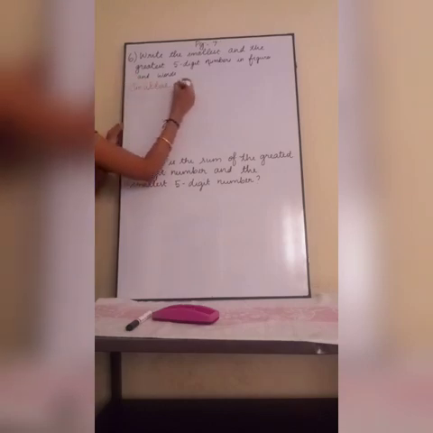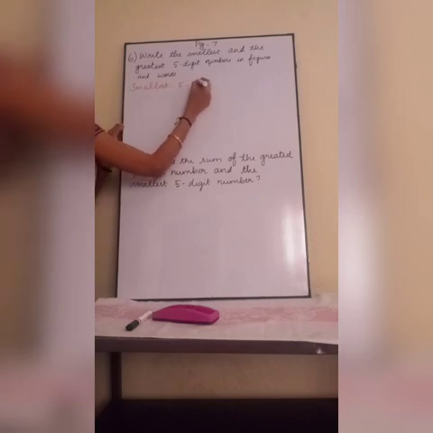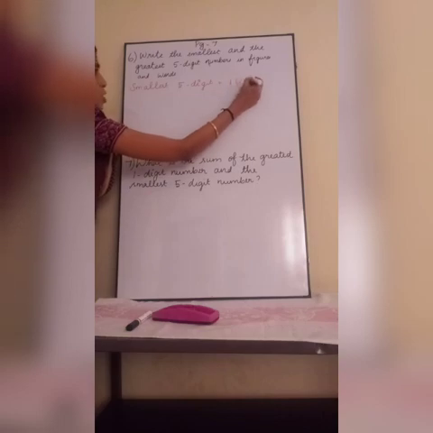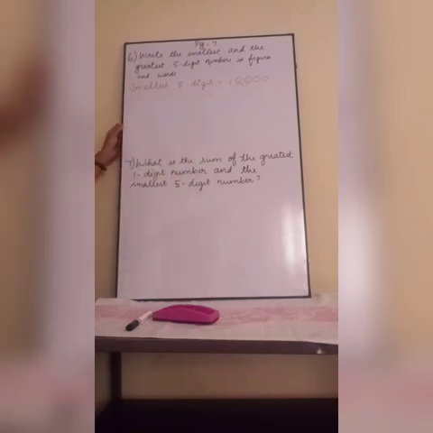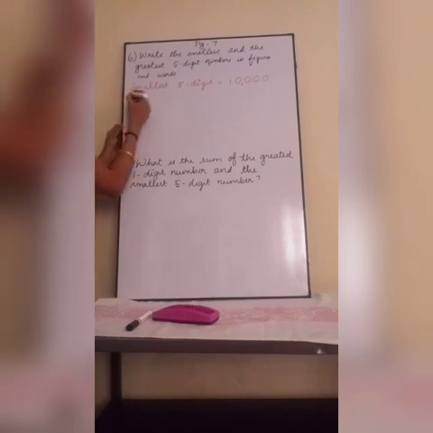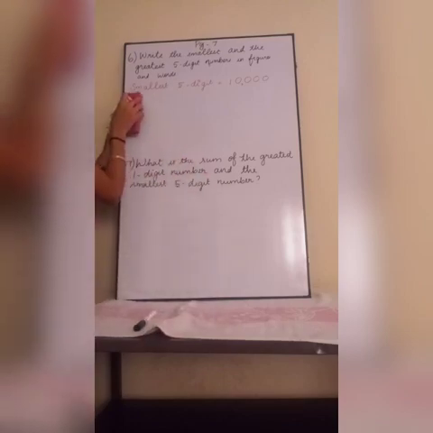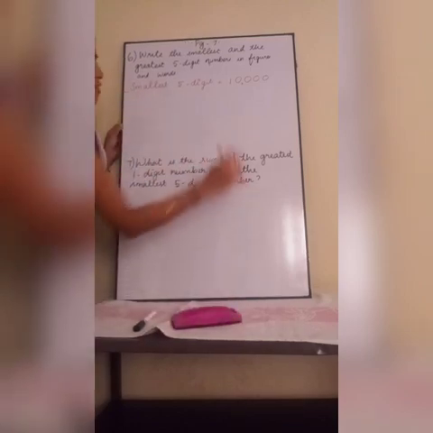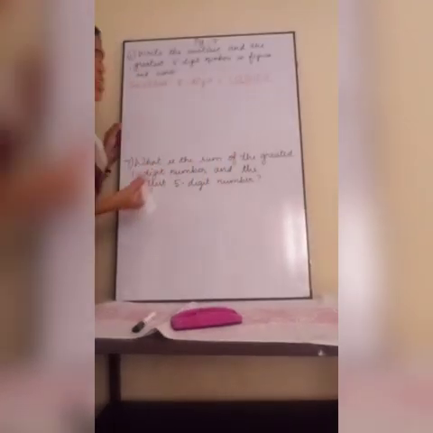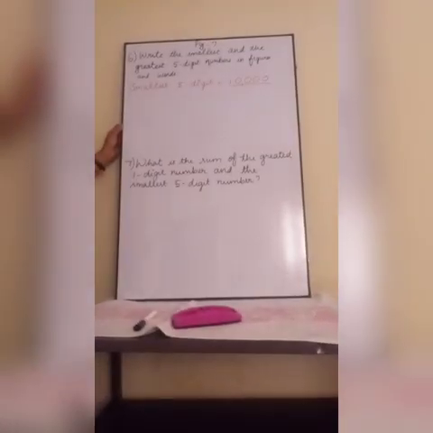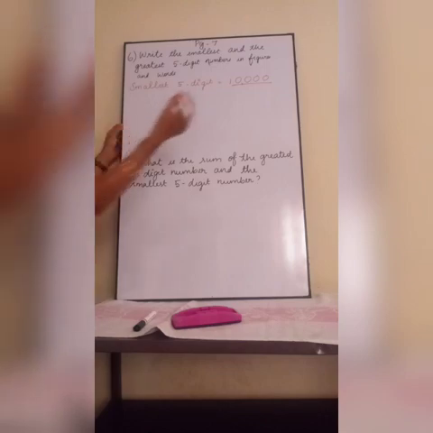What is your smallest 5-digit number? The smallest 5-digit number is 10,000. This is our numeral, our figures. Now we have to write in words.